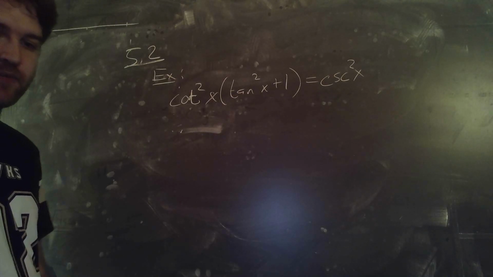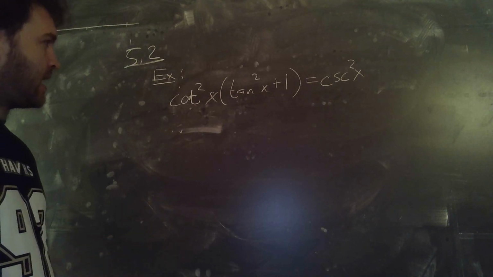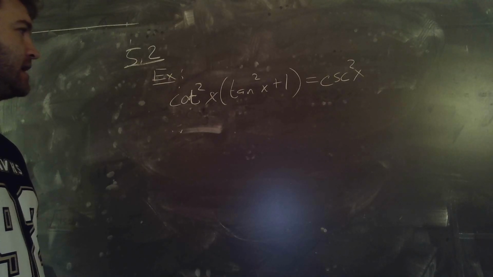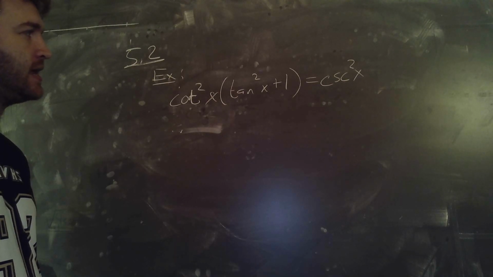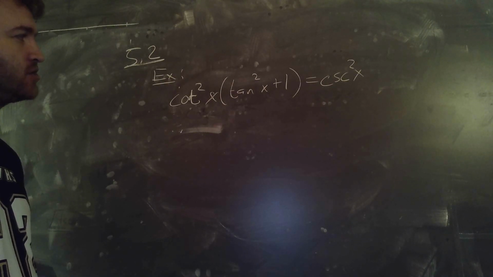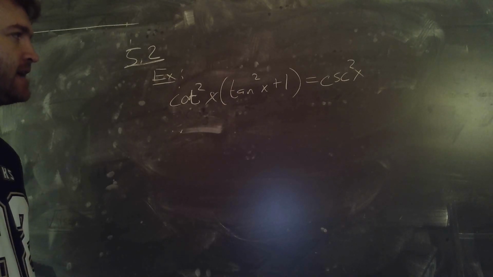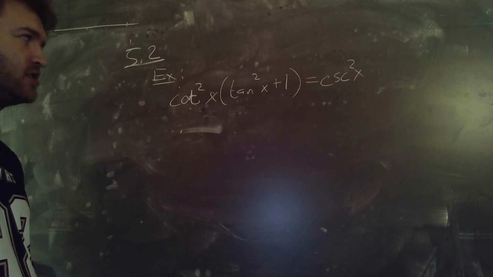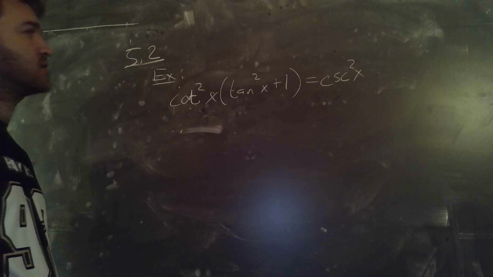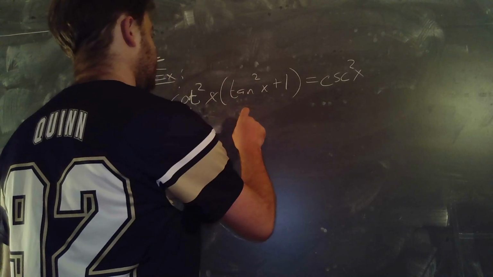So I'm going to look for my final kind of idea, which is Pythagorean trig identities. And we notice that tangent squared plus 1 is in fact a trigonometric identity. If we do secant squared minus tangent squared, that equals 1. So tangent squared plus 1 is equal to secant squared.